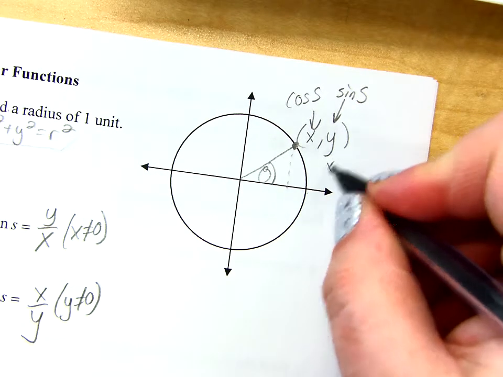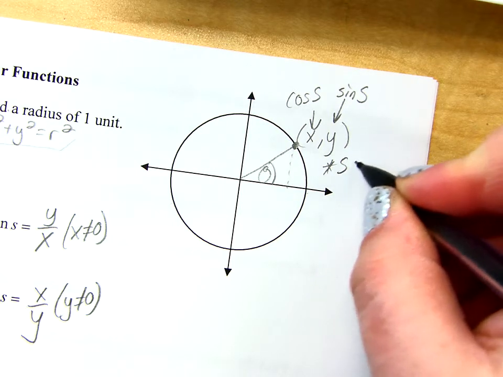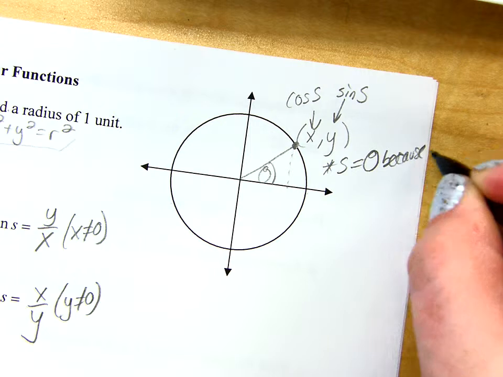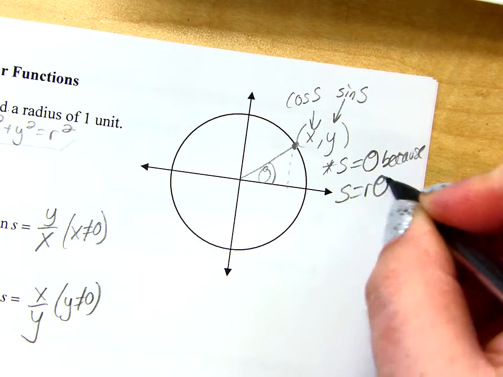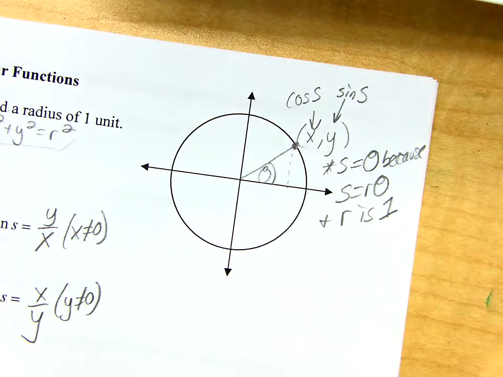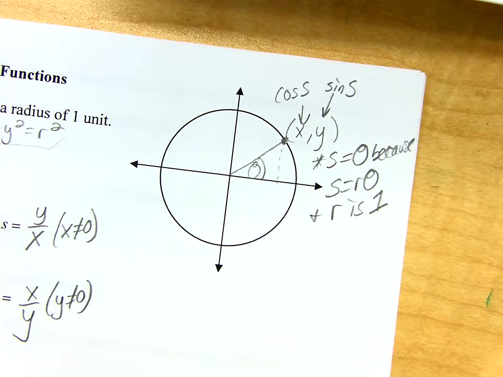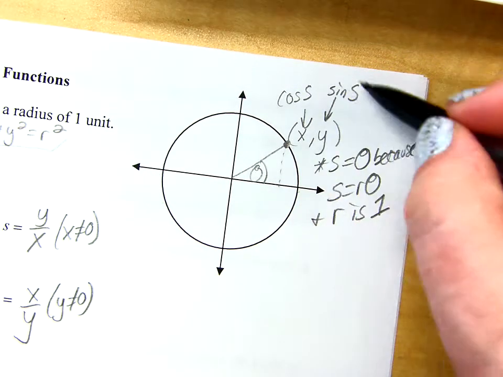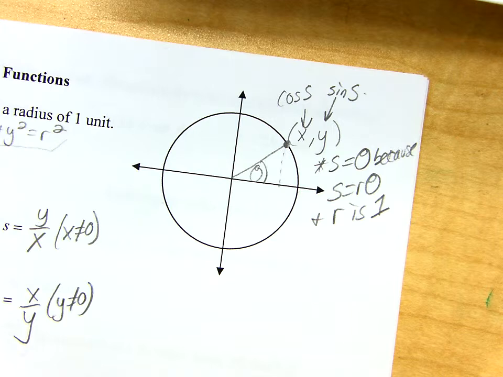And if you want to remind yourself, s is equal to theta because s equals r theta, and r is 1. So you could also say cosine theta, sine theta, because s and theta are the same thing here.